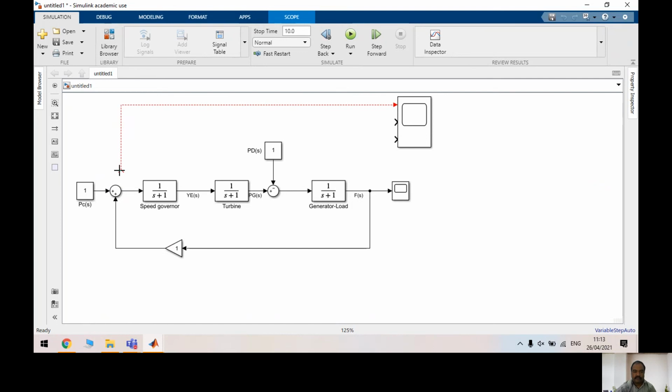The first one is going to be manual power commands. The second one is going to be automatic change in demand. The third one is going to be change in output. So two inputs changes, and the third one is change in outputs. Now let's see. I'm going to run that.